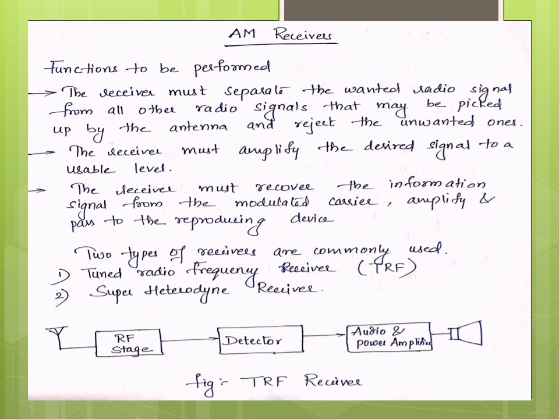The RF stage will take the wanted signal, amplify it, then give it to the detector. Detector is a kind of demodulator. Detector or demodulator means it will extract the actual information signal from the modulated carrier signal. Then it is given to the audio and power amplifier, then to the loudspeaker.